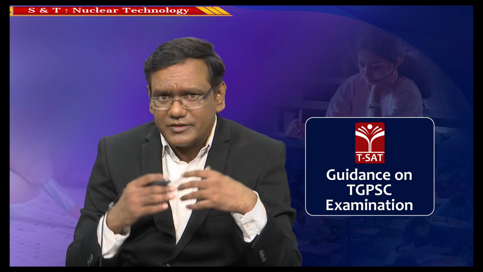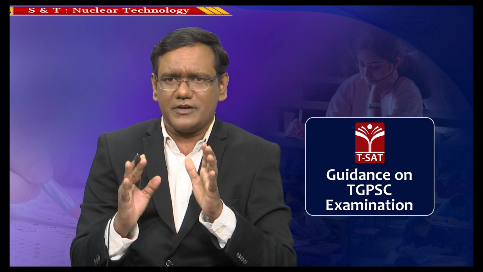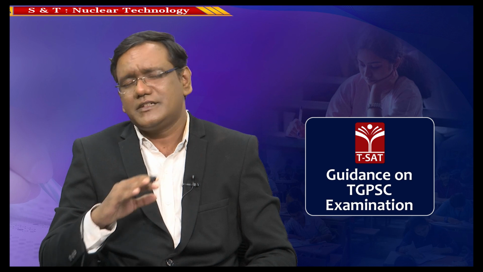If you generate that steam with the help of nuclear reactions, then you call this a nuclear power plant. So these are the two areas that you need to understand. We use the steam to revolve the turbine, and the revolving turbine generates electricity.